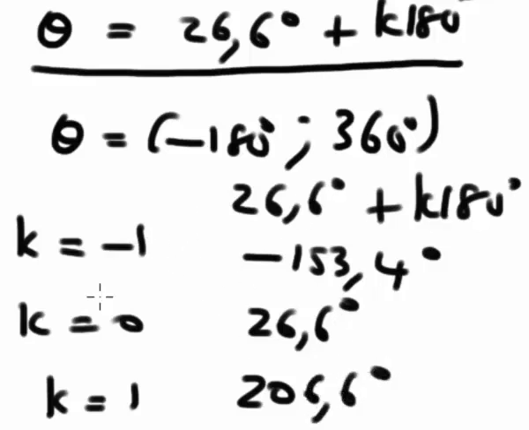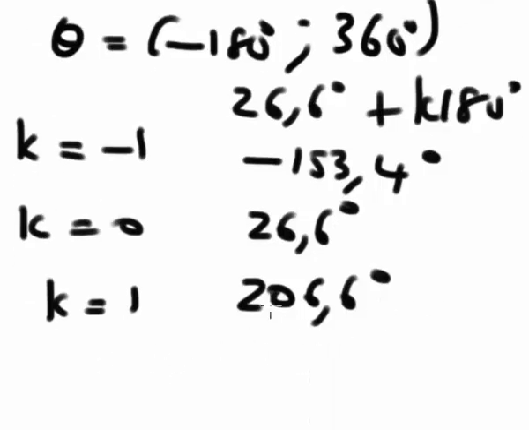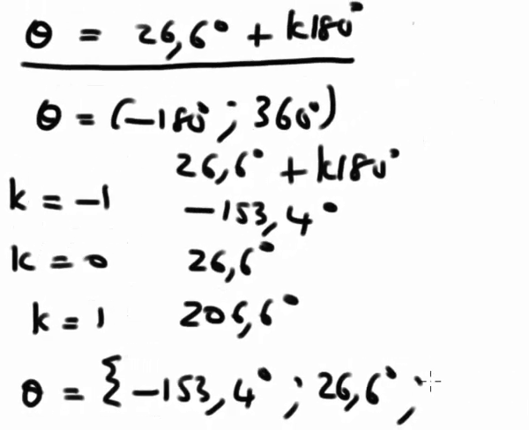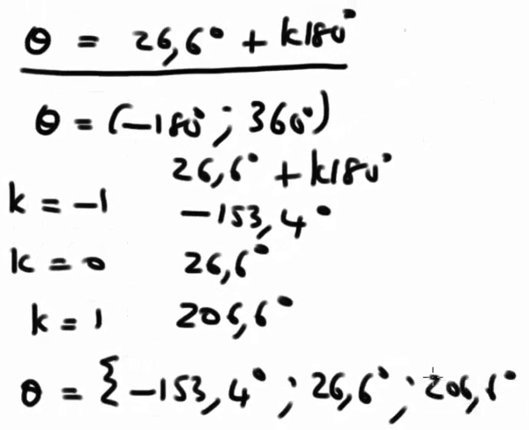And in fact, you can try negative 2, which won't work, and 2 won't either. And then you've got your little values. So then these would be your solutions. So you could say that theta would be, we can put it from smallest to biggest if you like, 26,6 and 206,6. And there we go.